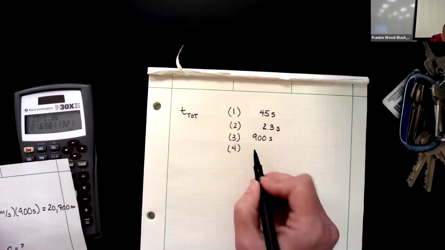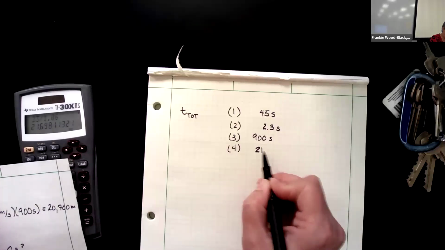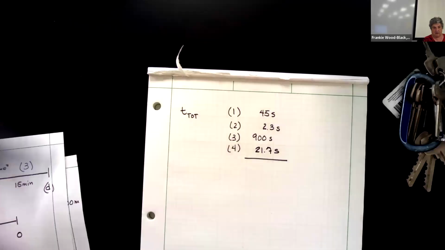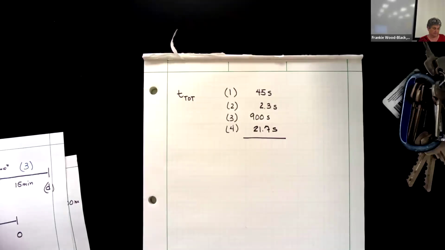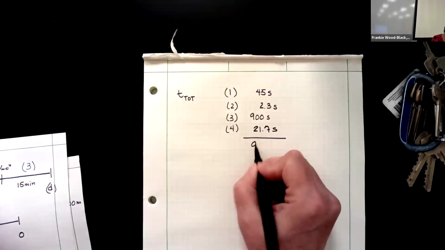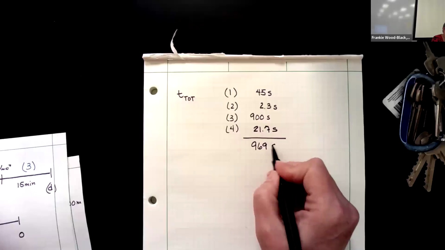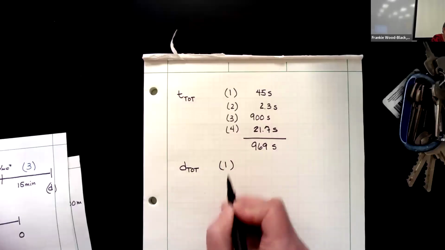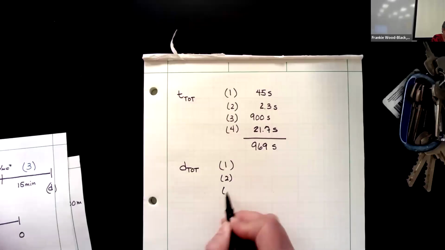And we had to calculate it in part 4, which is 21.7 seconds. Now we're just going to add all of those together. So 45 plus 2.3 plus 900 plus 21.7 gave me 969 seconds.